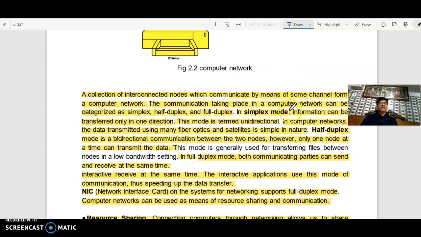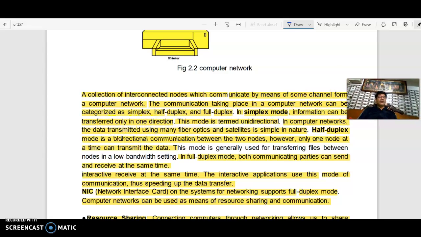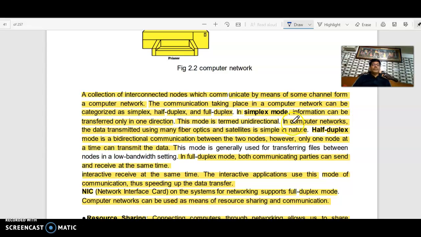So here you can see in simplex mode the information can be transferred only in one direction. This mode is termed as unidirectional. In computer networks, the data transmitted using optical fiber and satellite is simplex in nature.